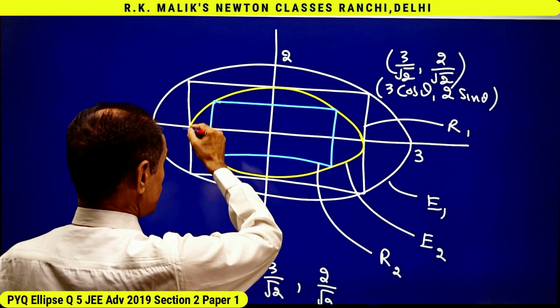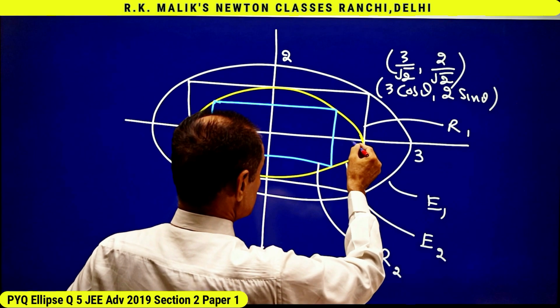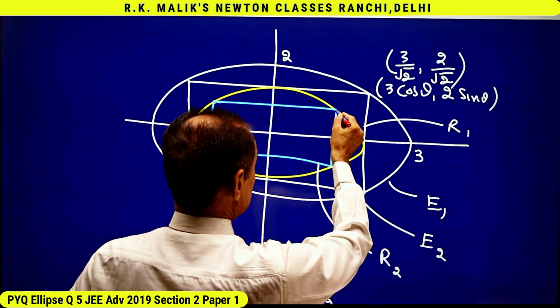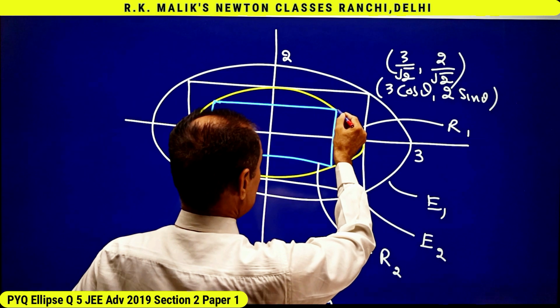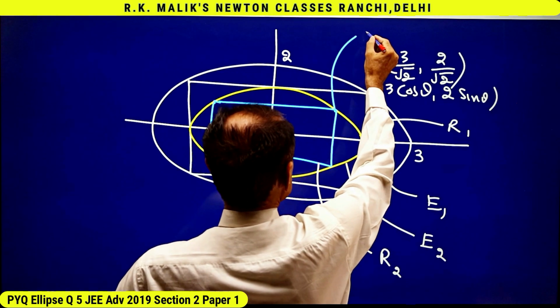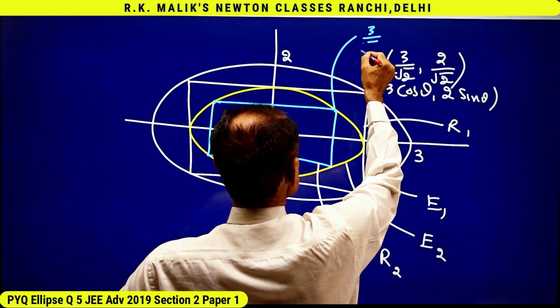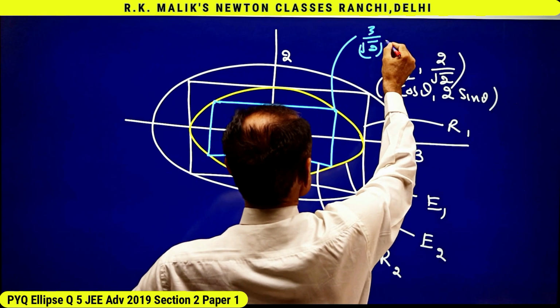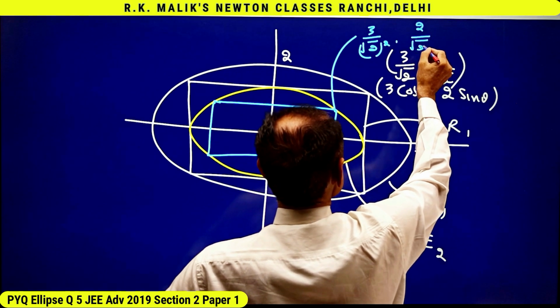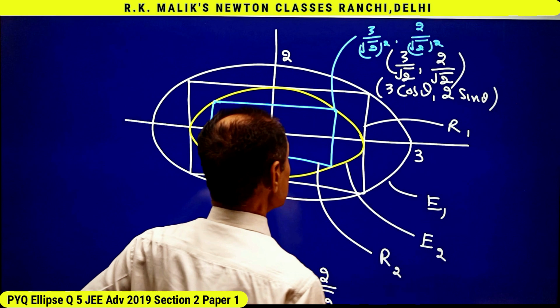Similarly, in the case of ellipse E2, the semi-major axis is 3 by root 2, so the x coordinate of this point will become 3 by root 2 square and the y coordinate 2 by root 2 square.